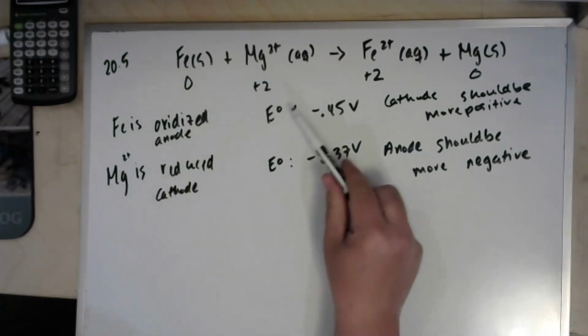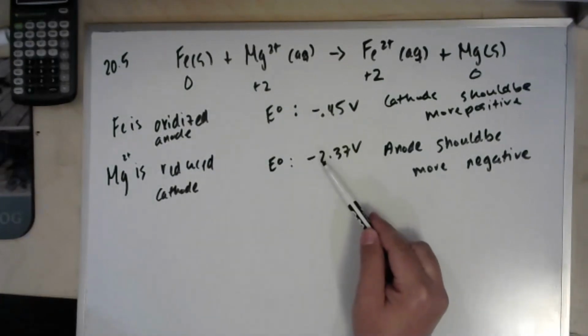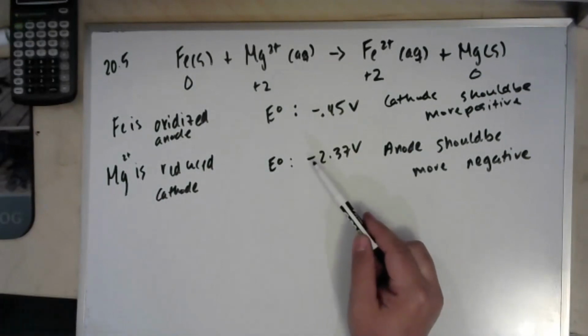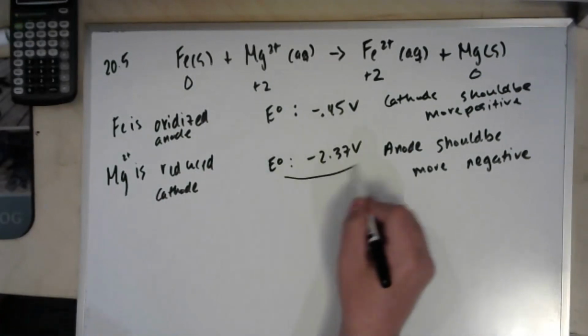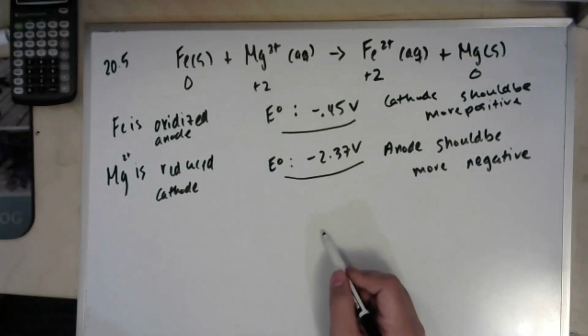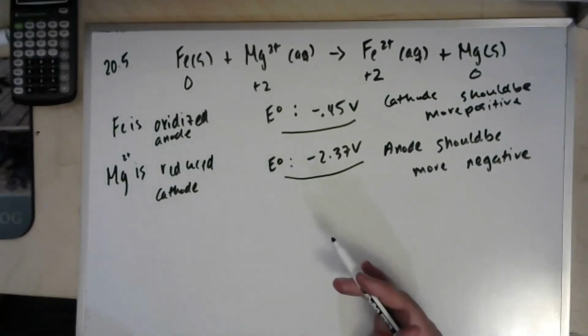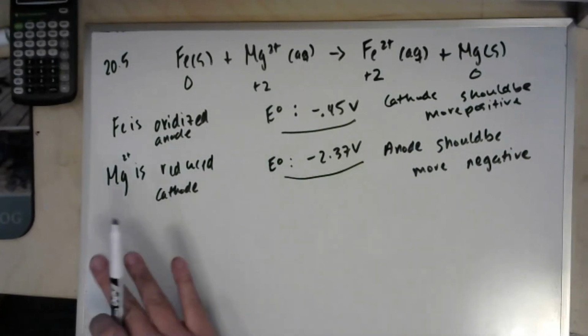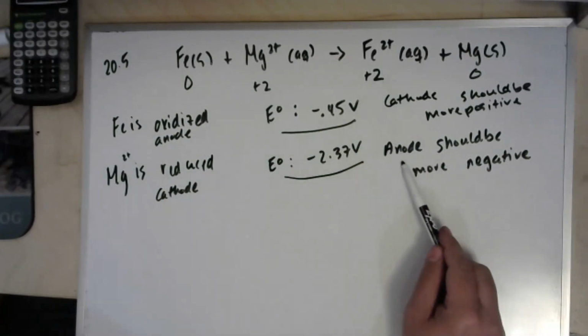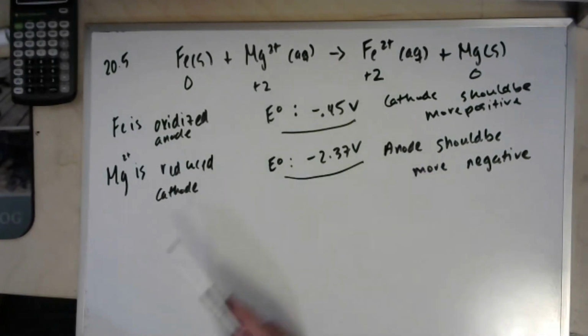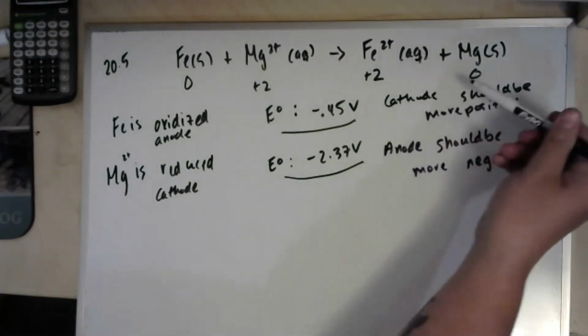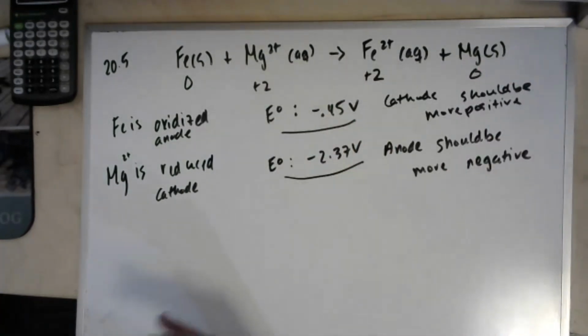But these reduction potential values would not allow that reaction to occur naturally. The spontaneous version of the reaction is going to be the version where your magnesium is at your anode and your iron is at your cathode. So we can rewrite the equation in the reverse direction to make this happen.